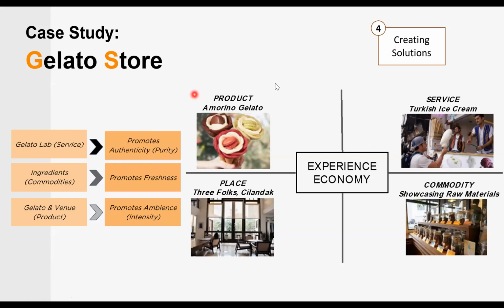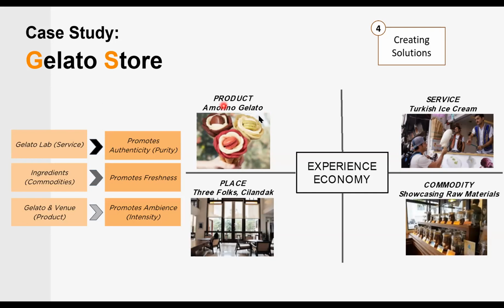So we've laid out 4 different types of the experience economy stages that they can also benchmark to. Number 1 is the product. So for example, if we see here, Amorino Gelato is a gelato store that's very, very popular in Europe.